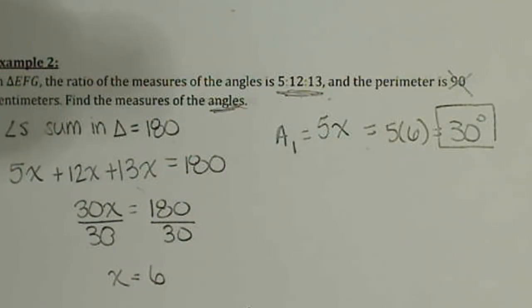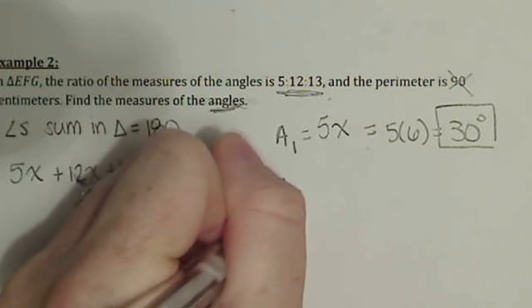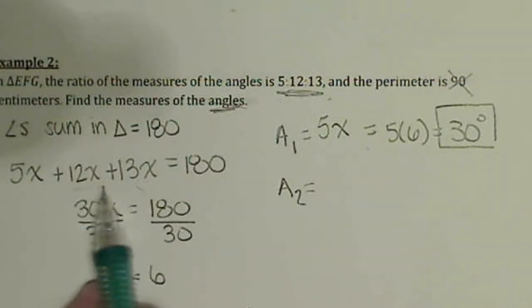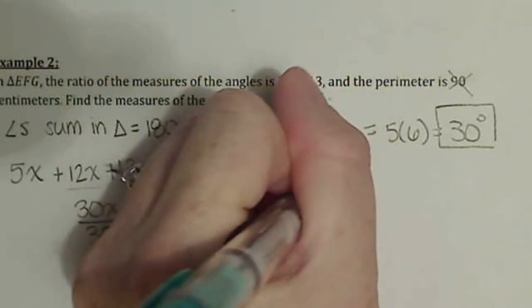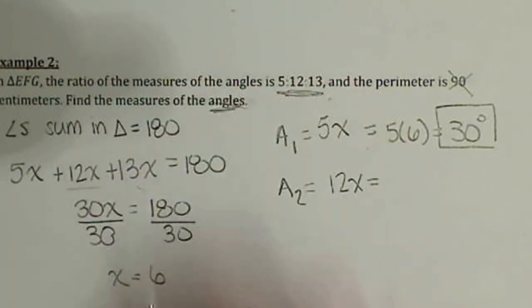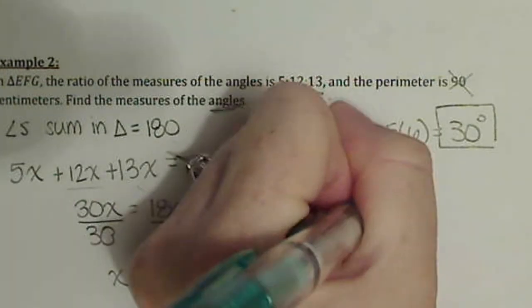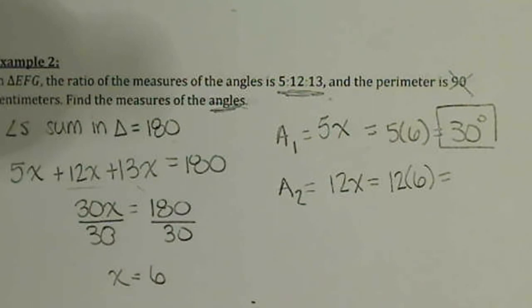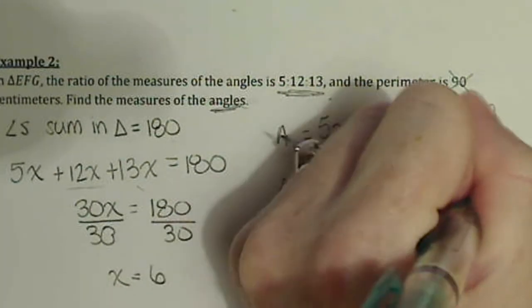Let's find angle 2. Angle 2 is this middle piece, 12x. Let's substitute x in. Angle 2 is 72 degrees.